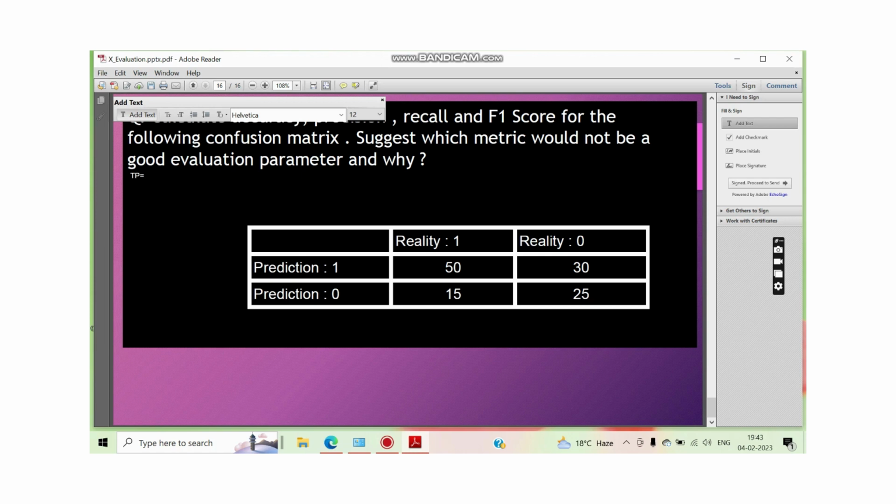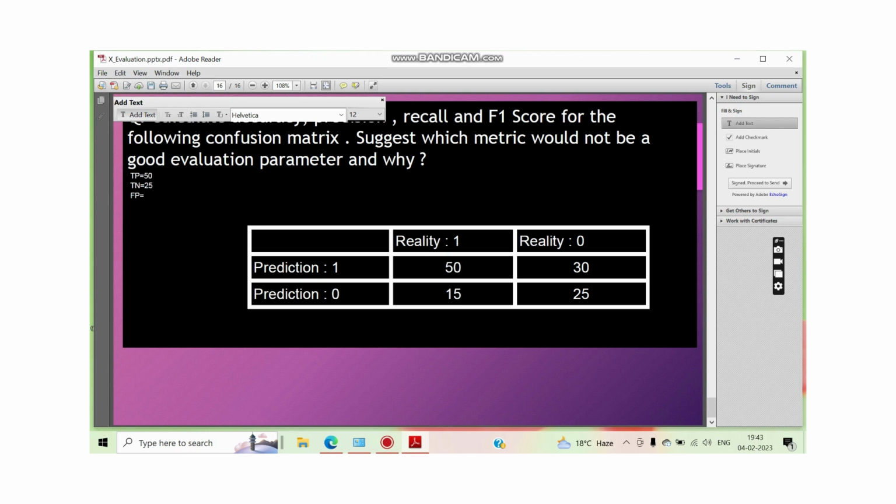So as you can see, when prediction is 1 and reality is 1, the true positive case will be 50. Then next is true negative, that is TN. TN says when prediction is false and reality is also false, so the answer will be 25. The next one says false positive, that is FP case.